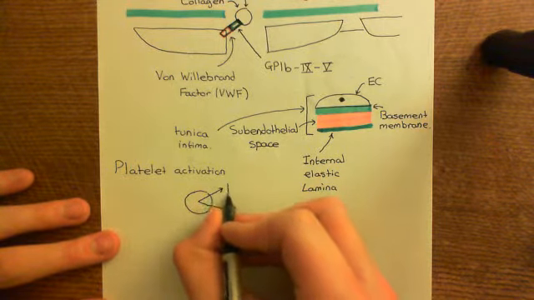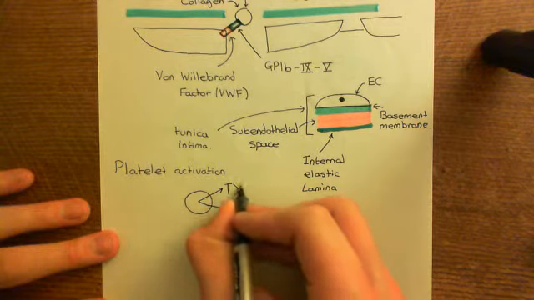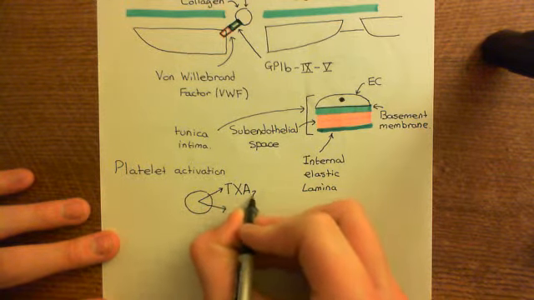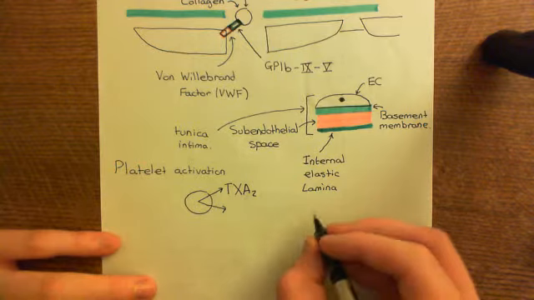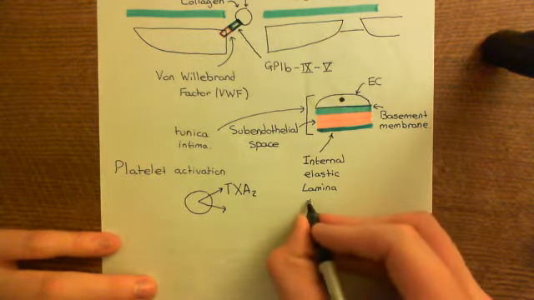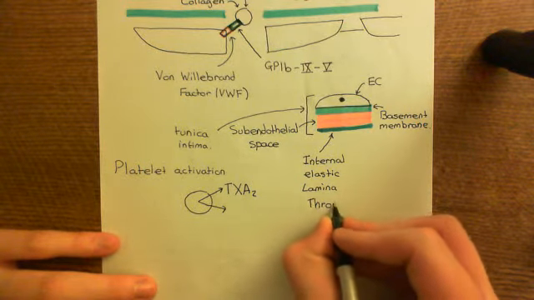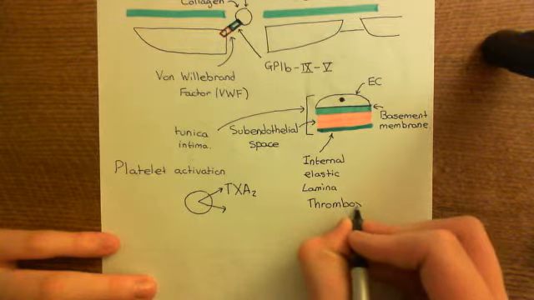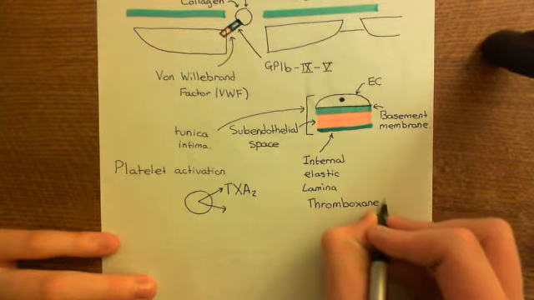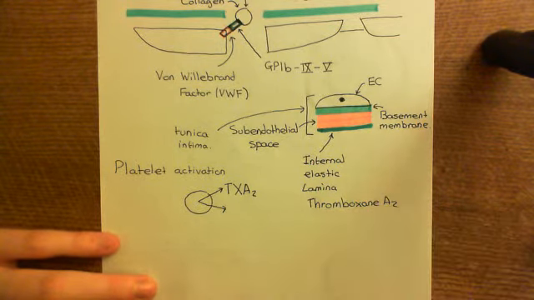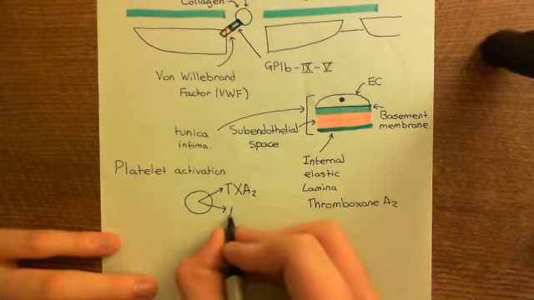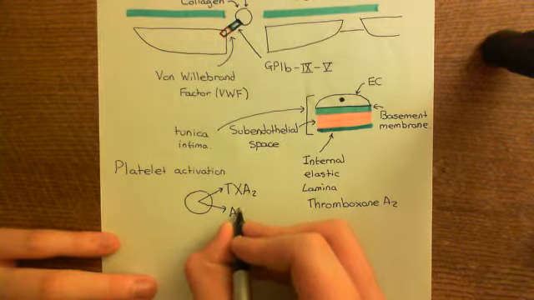One of them is thromboxane A2, which is often abbreviated to TXA2. And the other thing that these platelets release is ADP, adenosine diphosphate.